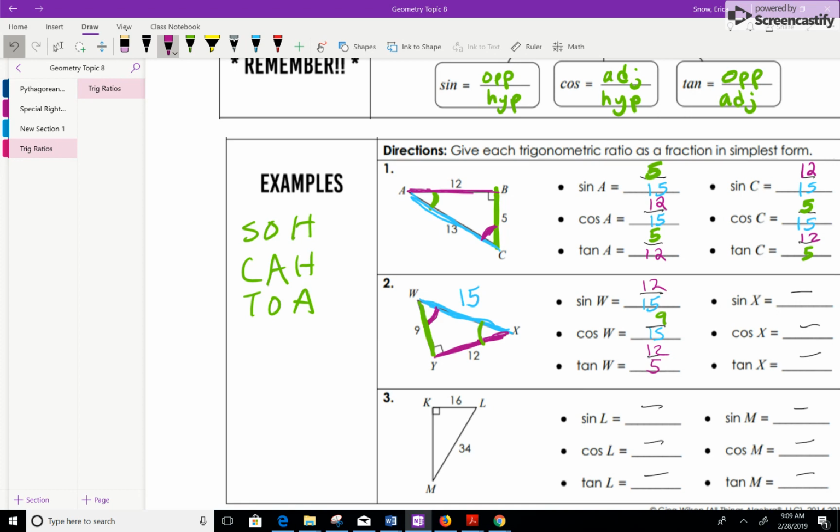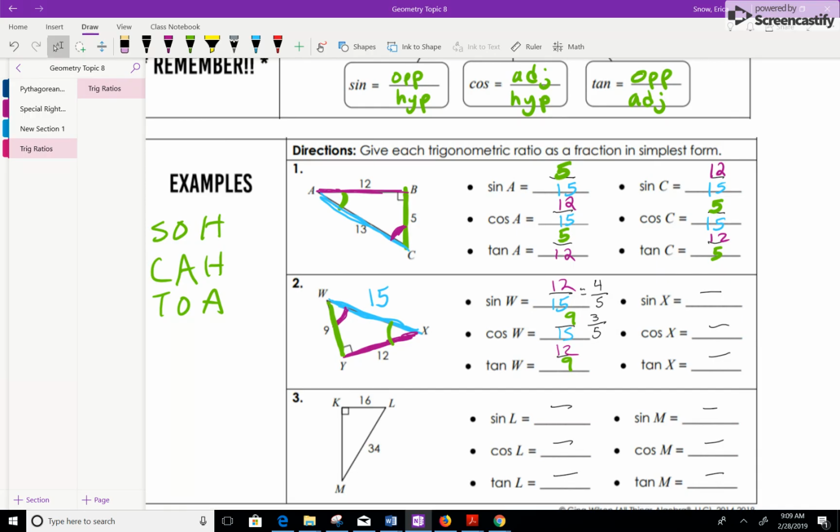Ooh, I didn't change colors. Okay. Now, one thing to notice is that these fractions are not simplified. So you will need to simplify these. Okay, so 4/5 and 3/5.